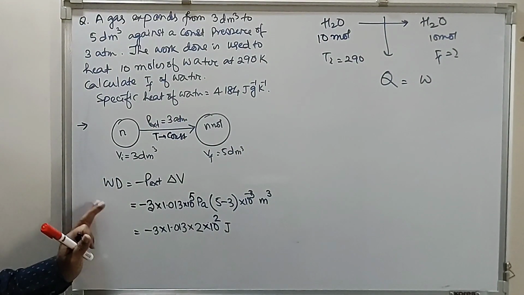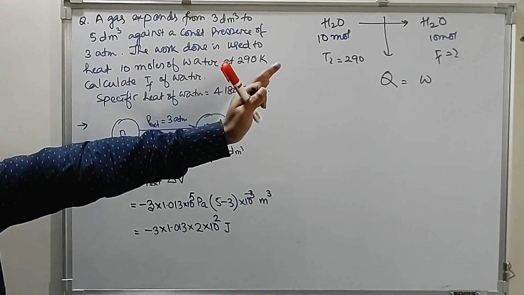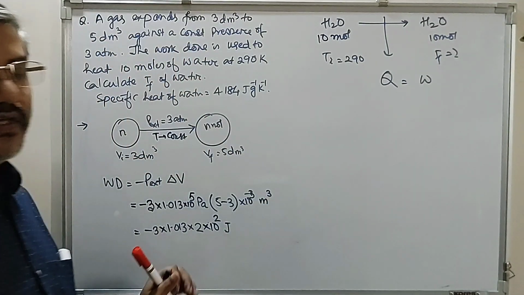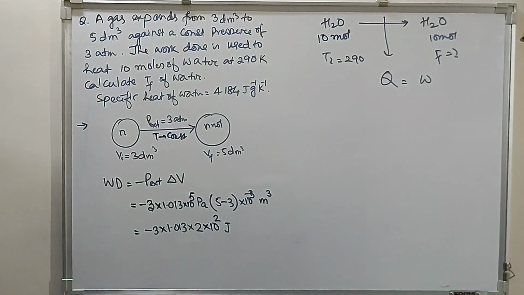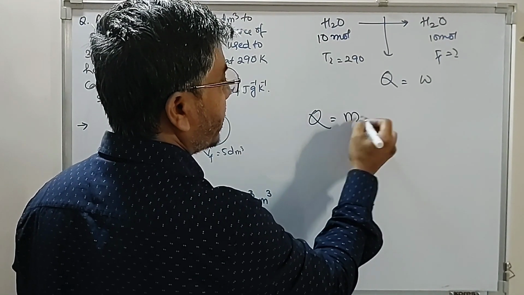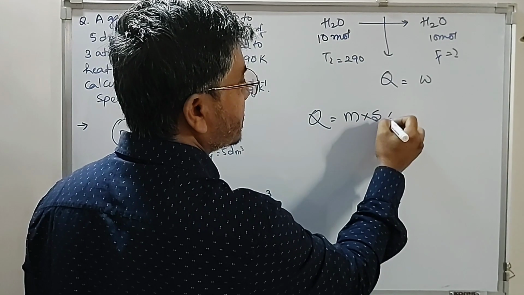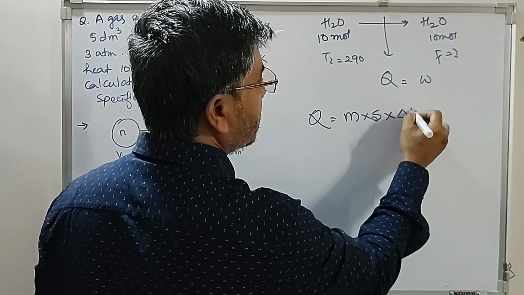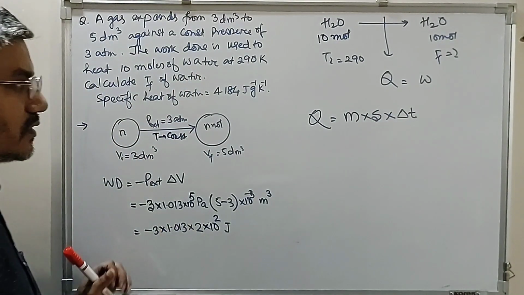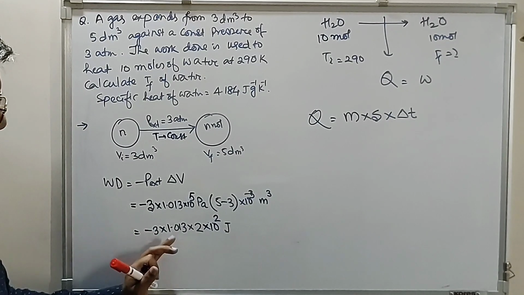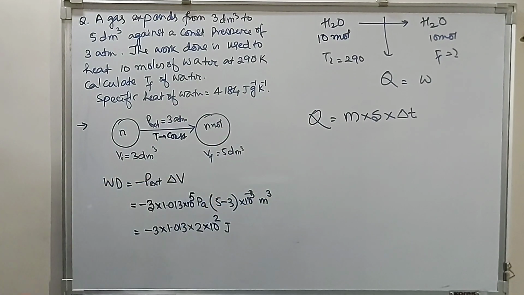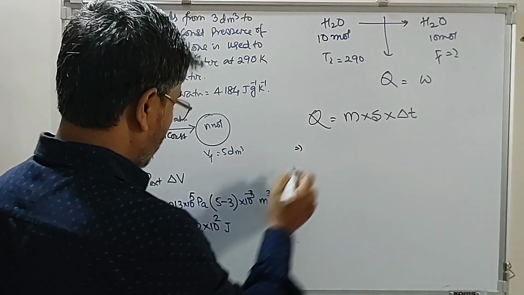The question clearly says work done is used to heat these 10 moles of water. We have an equation of heat in terms of specific heat capacity: Q is equal to m into specific heat capacity into change in temperature. This Q is equal to the work done.